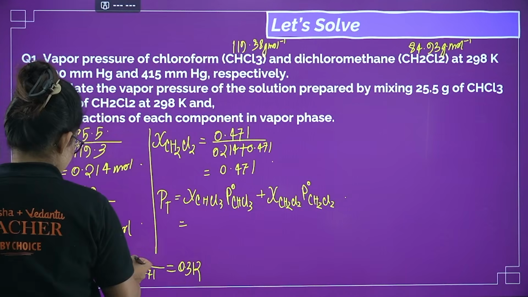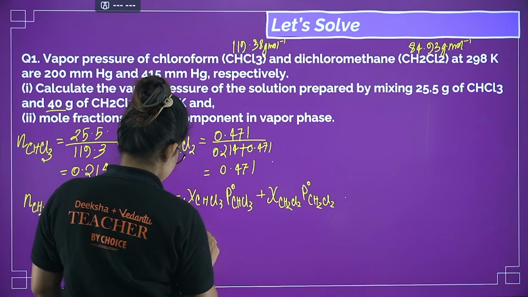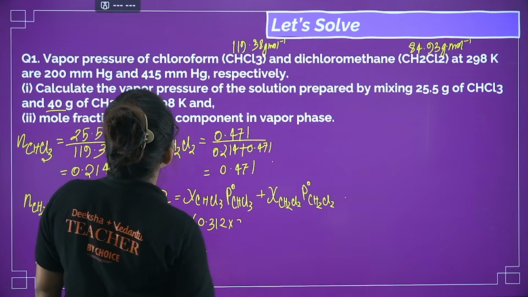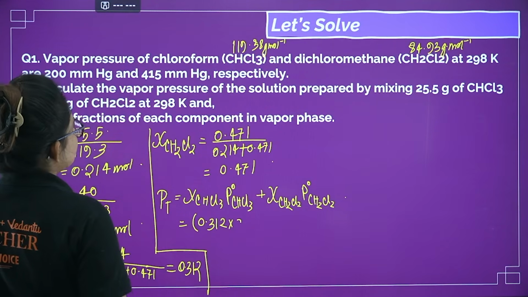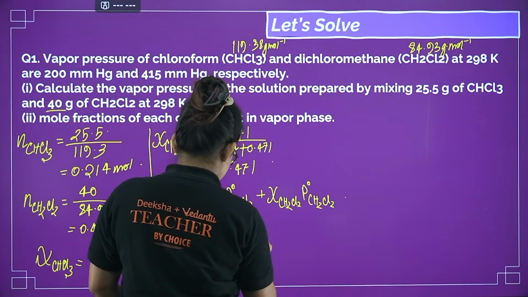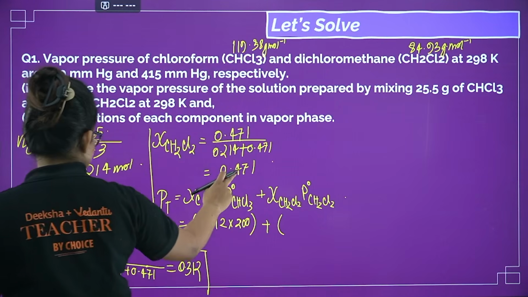Mole fraction of CHCl3 is 0.312 into how much they have given? 200. Okay, into 200 plus, here I am getting, okay, one mistake I did here.